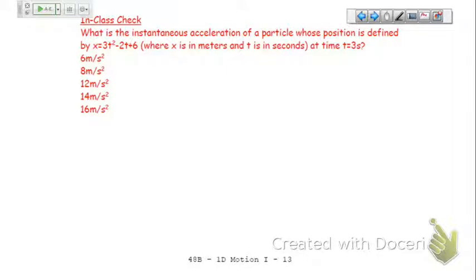What is the instantaneous acceleration? So I'd say, okay, now I have a position versus time graph, and I have a point of interest. So I say a is equal to dv by dt, which equals d2x by dt squared.